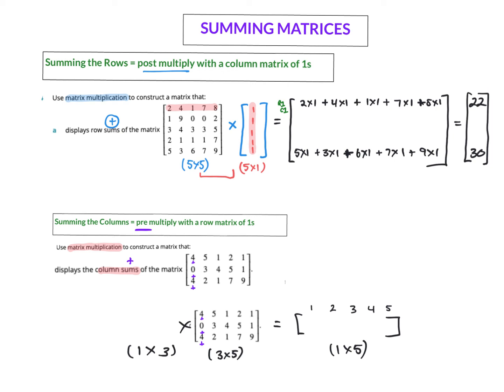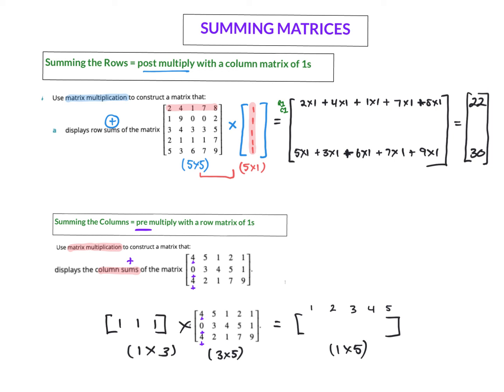So if we do the run and dive, I'm going to create that row matrix. It would be like here, and I need a 1 by 3, so it'd be 1, 1, 1.